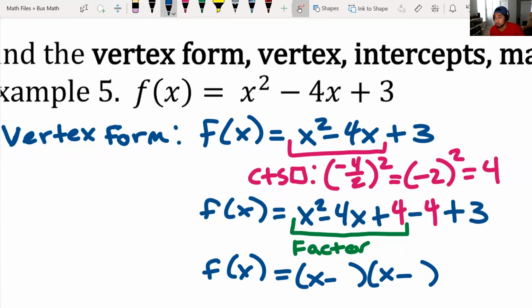It's the number that you squared, which means we're going to put in -2. So -2, -2. And then simplify these last two, I'll just say combine. And that's -4 plus 3, which gives us -1.